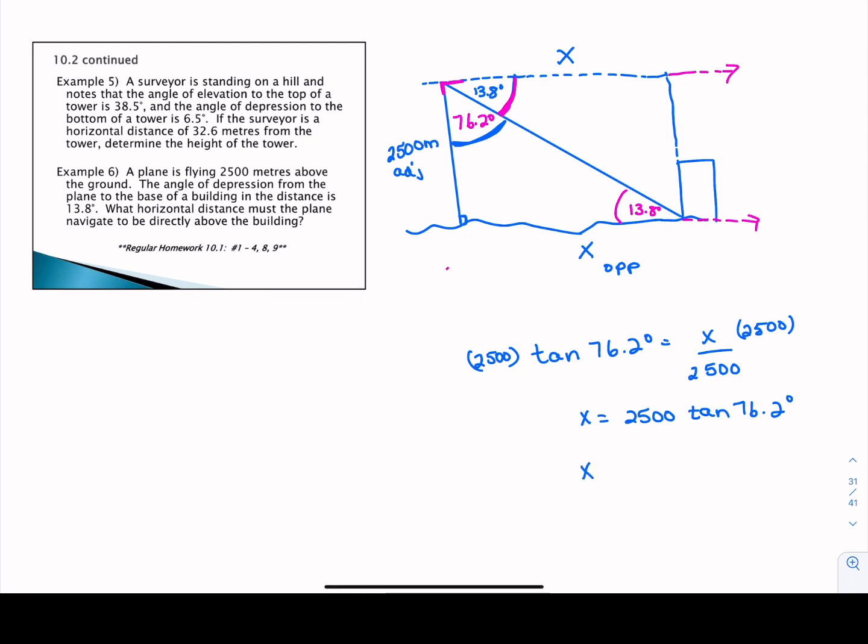So x is, in this case, approximately 10,178.2, if we round properly to the nearest tenth, and that'll be meters. So our final statement would be something like the plane must cover a horizontal distance of 10,178.2 meters before it starts flying above the building in question.